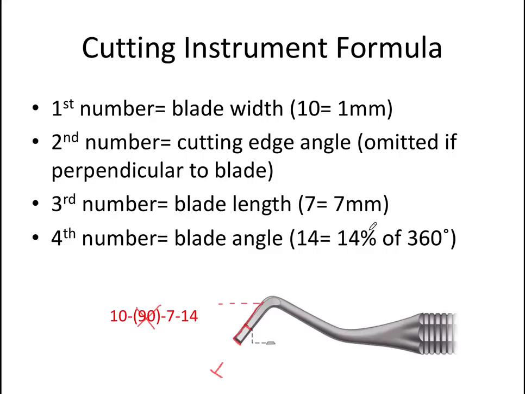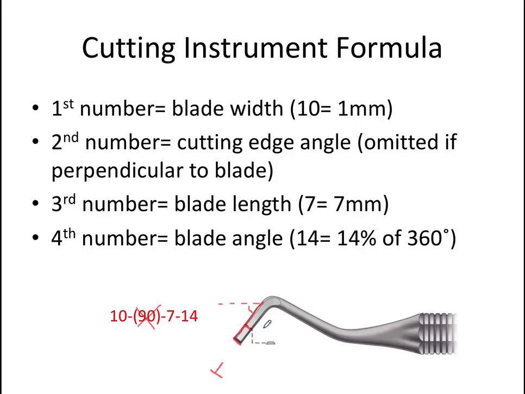It refers to the percent of 360 degrees. So 14 would mean 14% of 360 degrees, which is about 50 degrees. So this angle right here that the blade takes relative to the handle is about 50 degrees. So if you know the 3 or 4 numbers of a formula, you can visualize and even identify what kind of hand instrument it's describing.